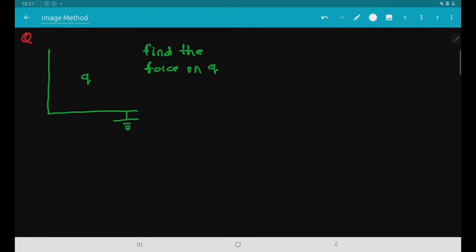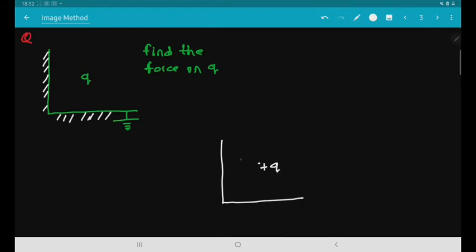In the next question, we have two plates. Instead of one plate, they have given us two plates, one on this side and one on this side. So we will have to again calculate the force on Q, and we can also calculate the other values. Now in this case, we will consider this is the positive charge.